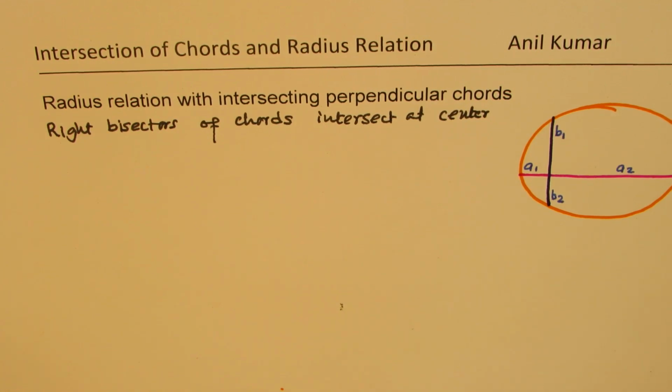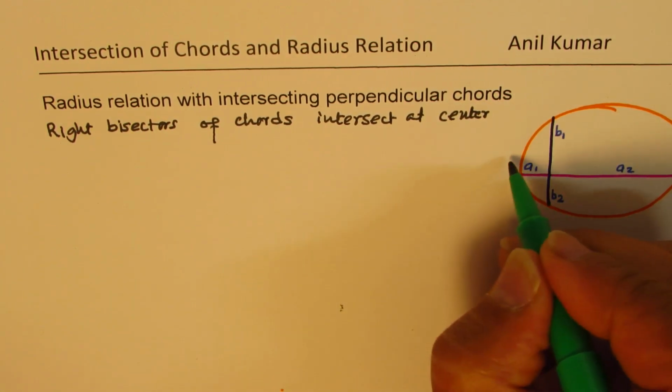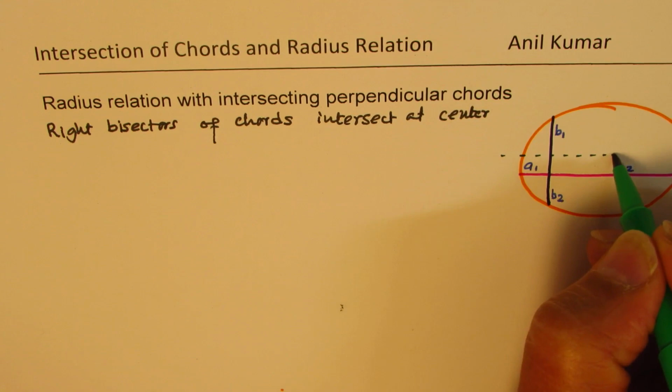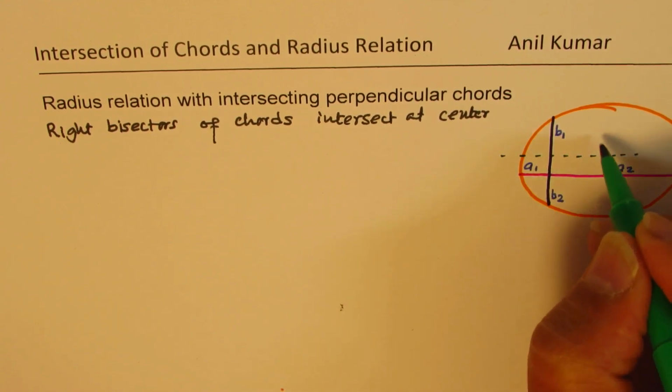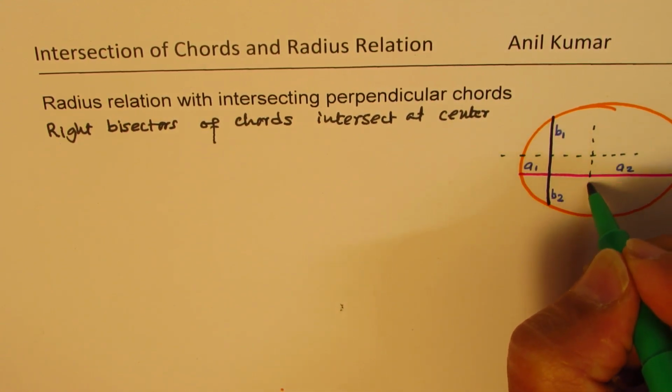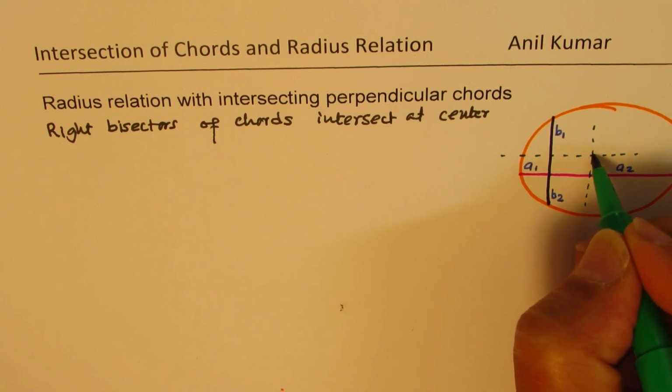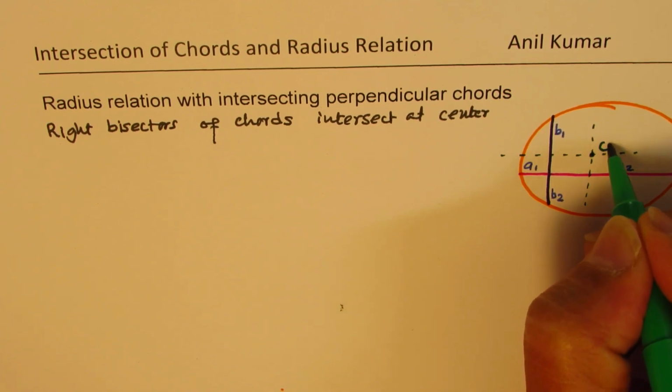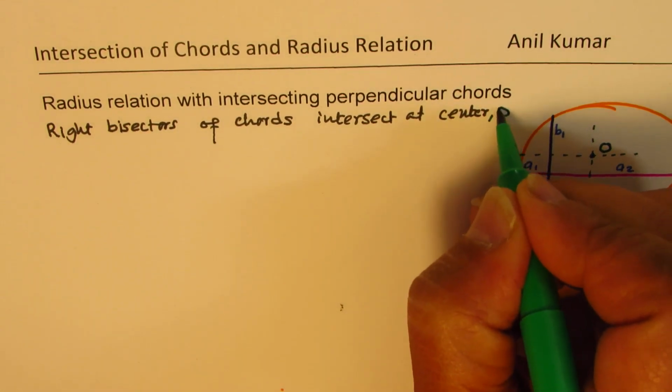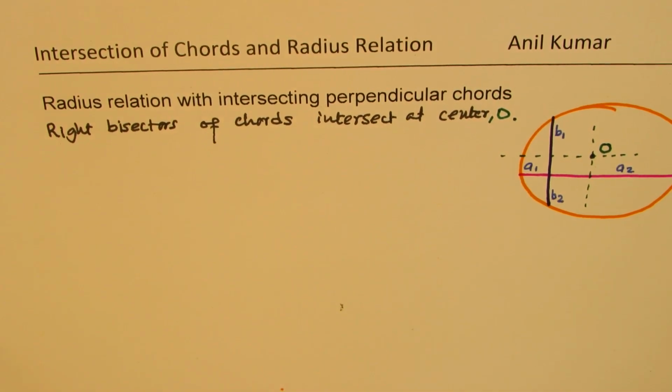Right, so basically, if I have a right bisector here, let's say this is my right bisector, and for this one, let's say this is the right bisector, then wherever they intersect, that becomes the center of the circle O. Is that clear to you? Okay.